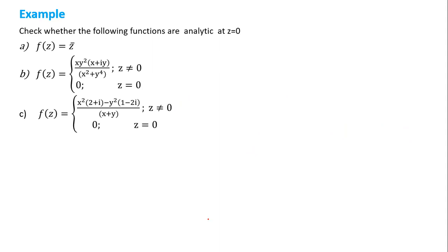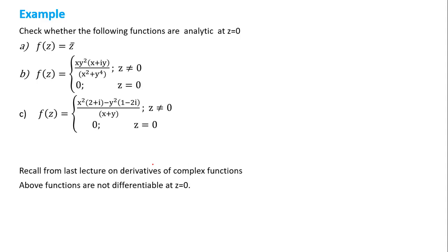Check whether the following functions are analytic at z equal to 0 or not. This can be understood from my last lecture, where we discussed what a derivative is. If you have not seen that lecture, please see it first. The quick outcome of the last lecture is that these functions are not differentiable at z equal to 0.